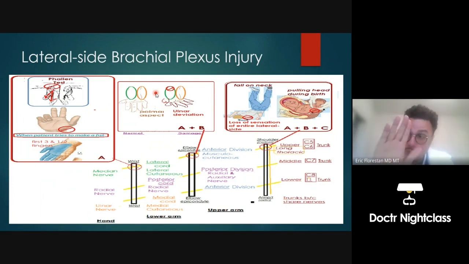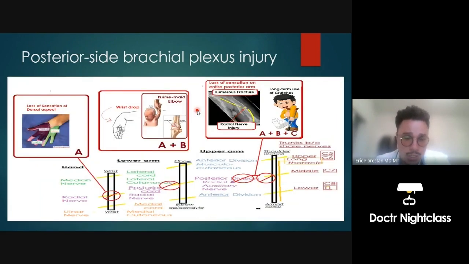Like move the hand, deviate it laterally, deviate it medially, right? Maybe extend the hand, okay? So that's the job of the forearm, right? So instead of a deviation, you just have a wrist drop because the posterior compartment or the radial nerve, its responsibility is to extend.